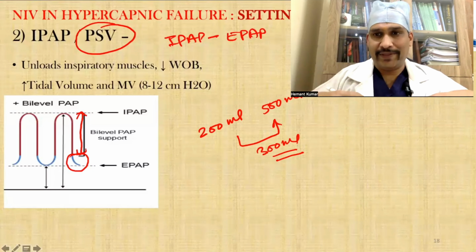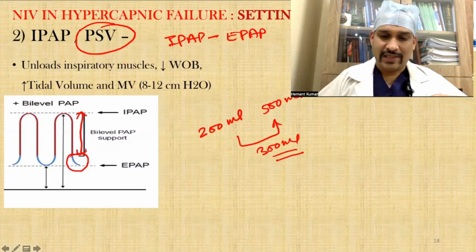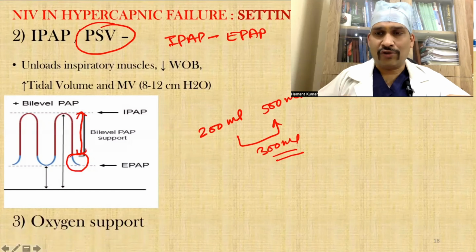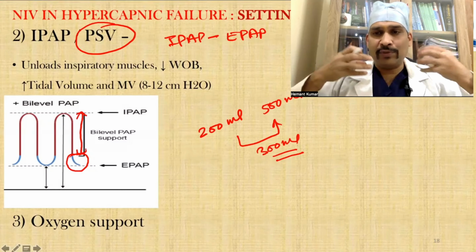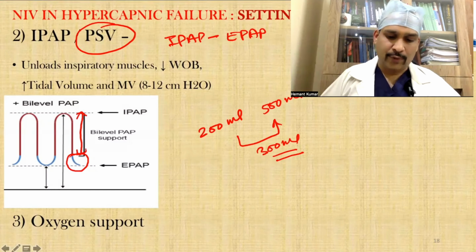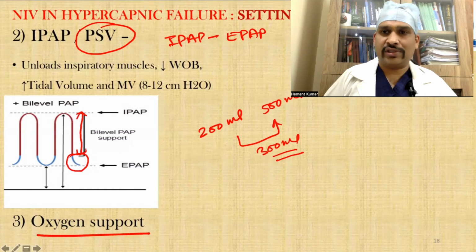The patient will feel happy, and the work of breathing will get reduced, tachypnea will get reduced, and the patient will get washout of CO2 because ventilation is good. Previously, he was getting 200 ml on his own, but now he's getting 500 ml. It will help to remove carbon dioxide from the body, and of course, oxygen support.